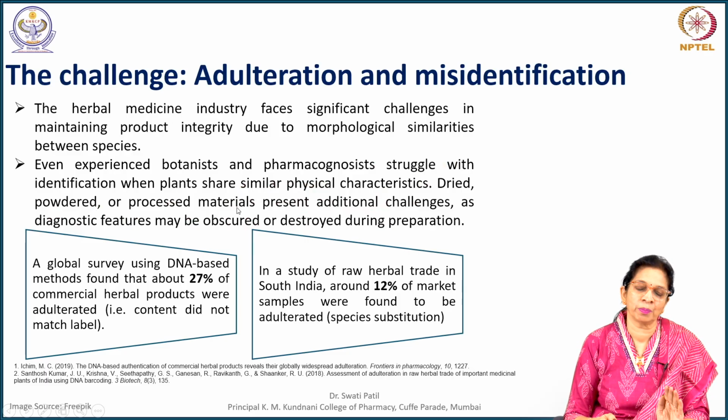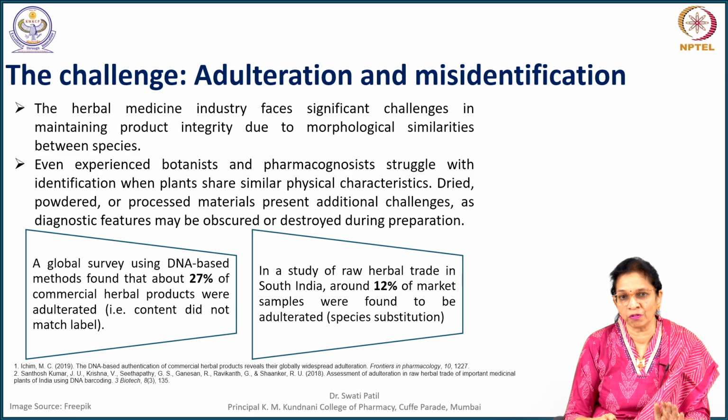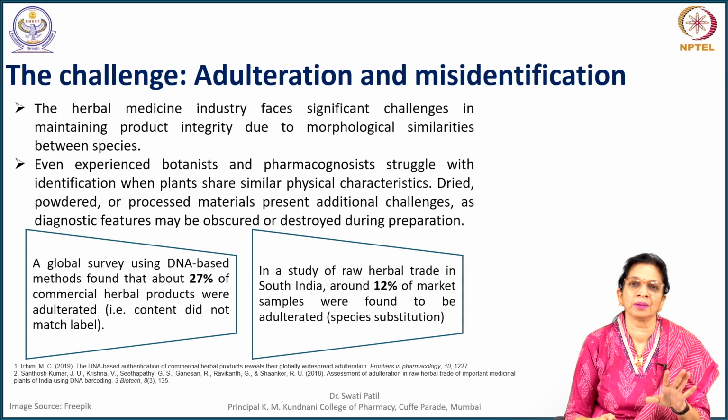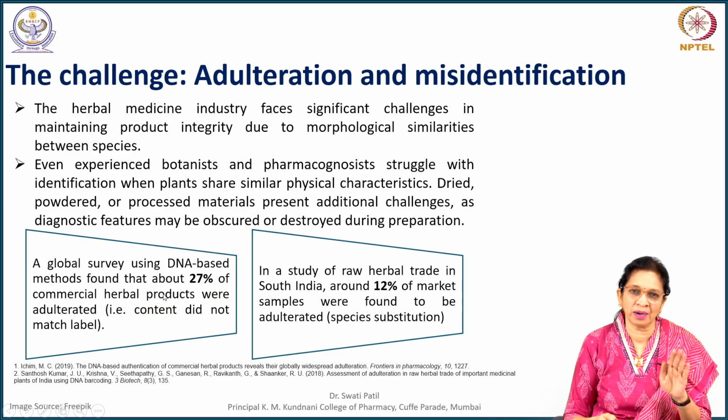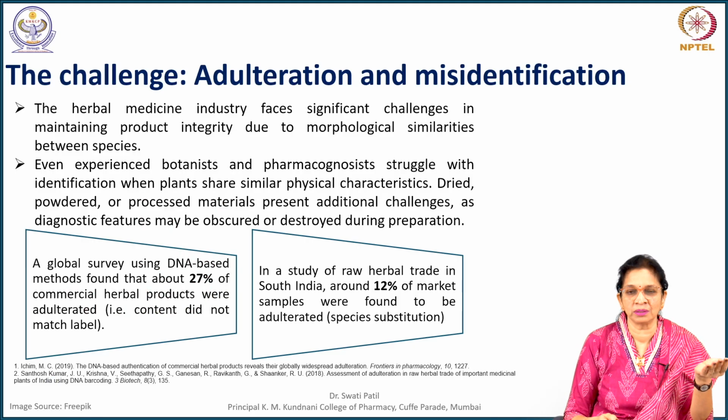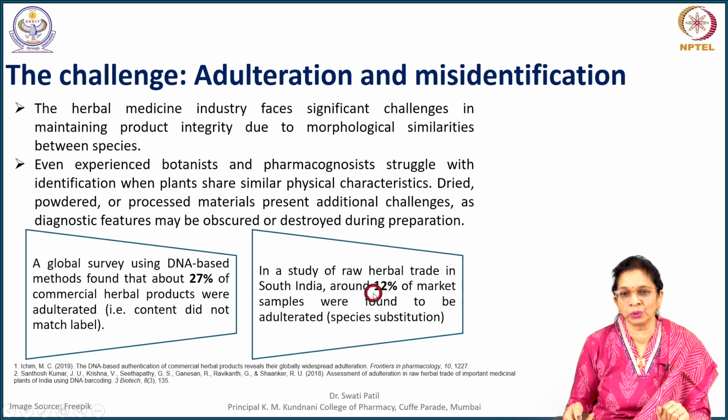When processed or powdered material is present in the market, it is very difficult to identify the correct authenticated drug, and a global survey says that about 27% of the commercial herbal products were found to be adulterated either with a similar looking drug or with something else. And a study of raw herbal trade in South India showed that 12% of the market samples were found to be adulterated with substitutes.